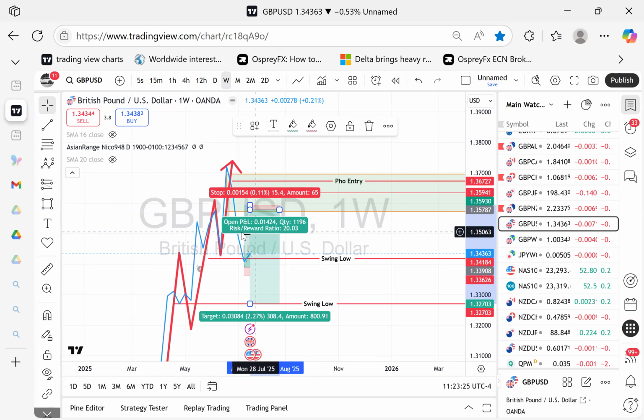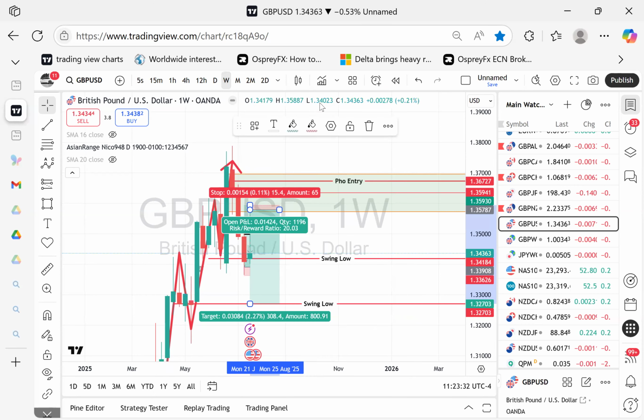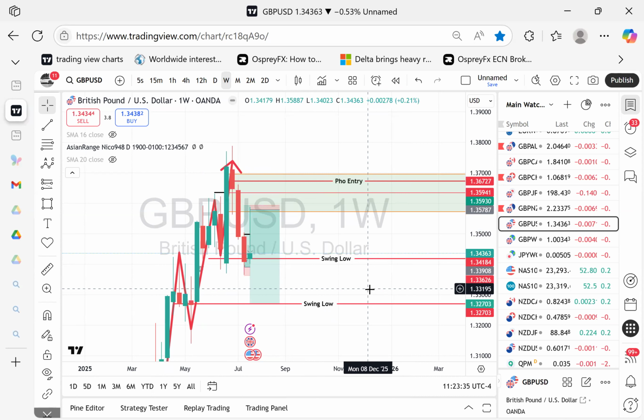Yeah. But if it breaks that, it's continuing. Yeah. Okay. I fully expect for it to continue. But I'm just showing you guys how you should follow this and you should track your trade as it's going along. Many people who call themselves swing traders have no idea of how to track their trade.